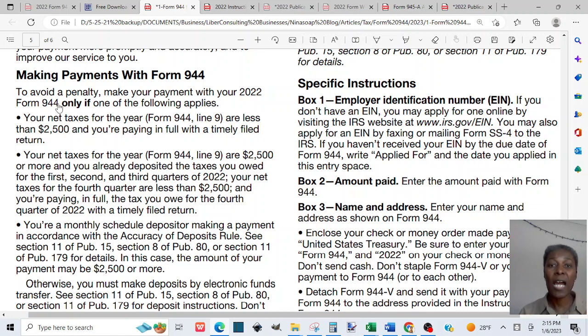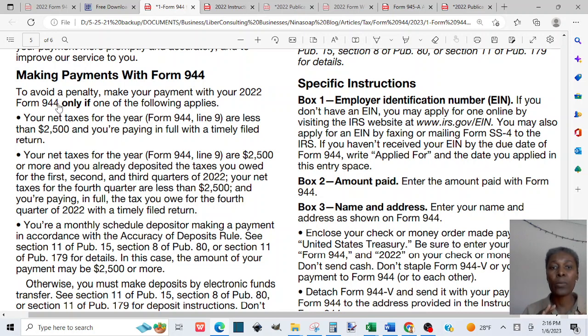But if your line 9 is $2,500 or more and you made some deposit during the year and how much you have left to pay, which will be that line 11, if it's less than 2,500, you can make that payment along with your Form 944 if you are going to file your Form 944 on time. And by filing it on time, means you file it by January 31st.